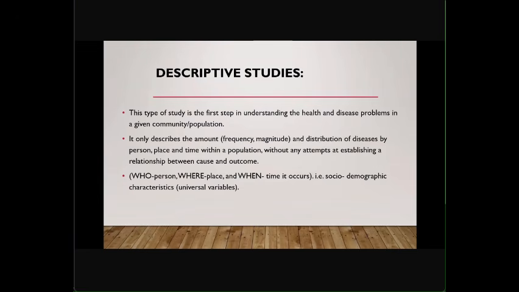They describe the people who are affected. Is it students? Is it healthcare workers? Is it the general population? Is it welders or any other occupational group? So it describes in terms of persons. It describes disease in terms of the places the disease occurs. It also describes the disease in terms of time within a population.